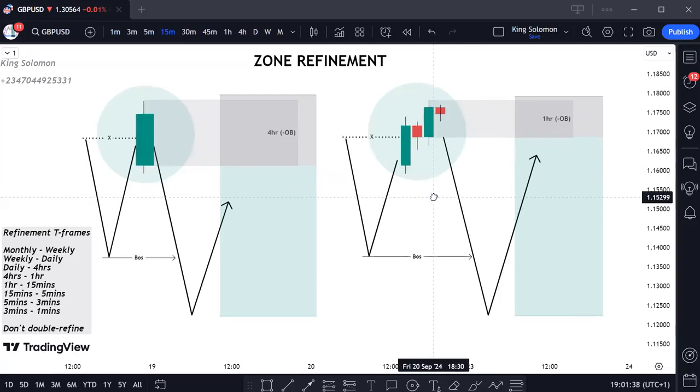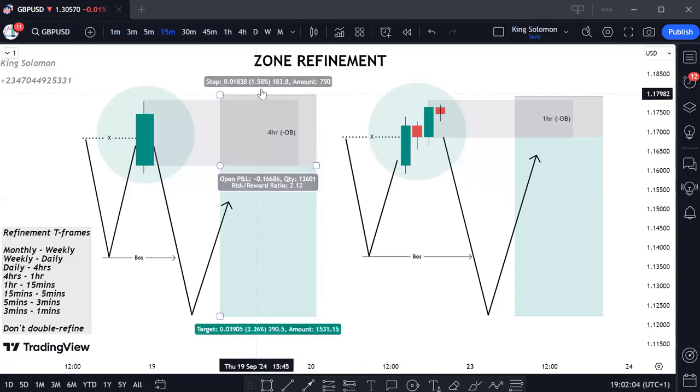There might be other reasons for zone refinement, but as far as this video is concerned, I'll be breaking down how you can take trades from refined zones, leading to greater RR on your trades. So let's dive into the video already.